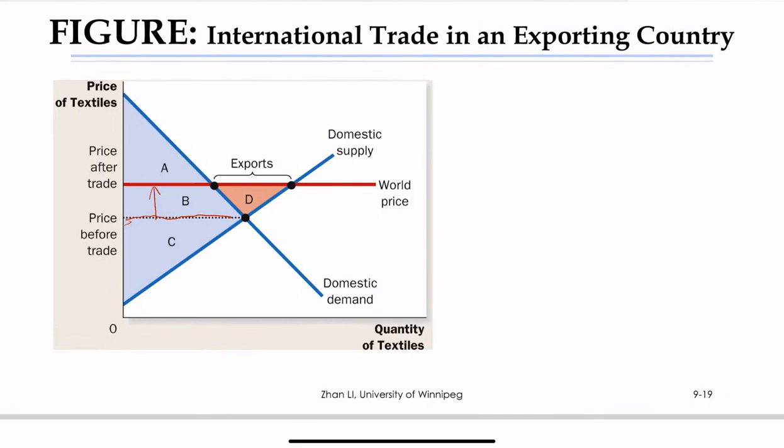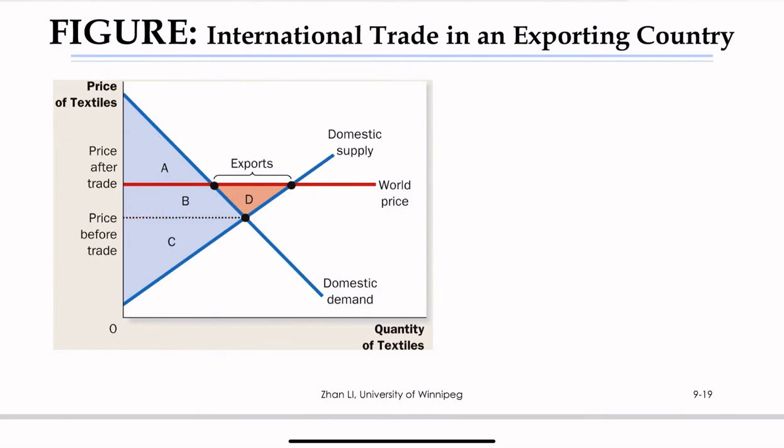This is obvious because think about this. If you're a producer, if you know you can sell at the world price, you would never sell at the domestic price, which is lower, right? So obviously, the world price and the domestic price will both be equal to the world price after the international trade starts.